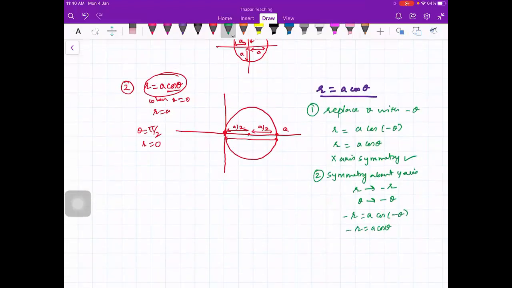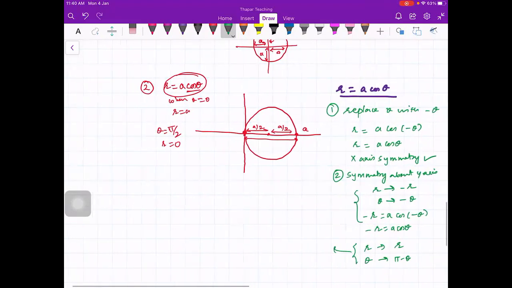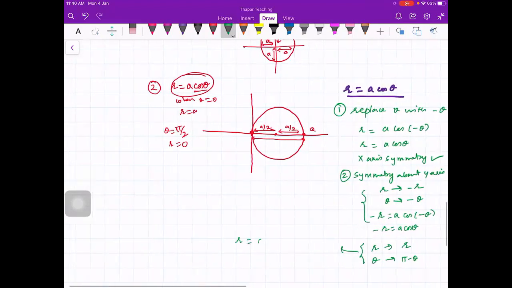So you can try the other one: keep r as such and replace theta with pi minus theta. You have to remember these tests, I have already told you. Your curve becomes r is equal to a cos of pi minus theta. So you get r is equal to minus a cos theta, which again is not your curve. So no symmetry about the y-axis.